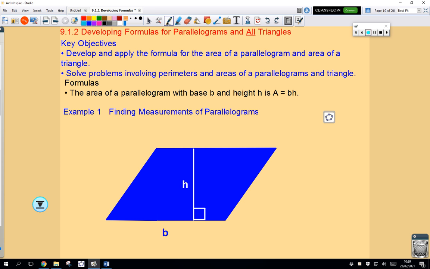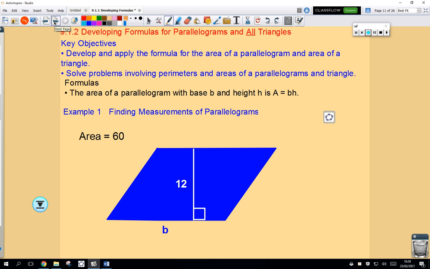But if you just remember the formula, in fact it's in your formula and tables booklets, the area of a parallelogram is equal to base times height. It's pretty easy to remember. It is given to you in your formula and tables booklets.